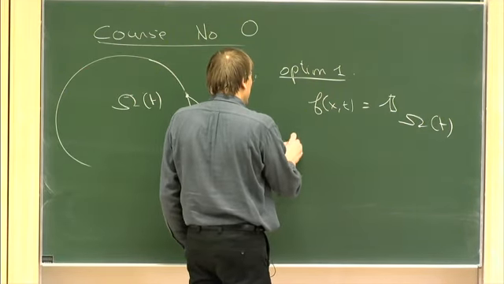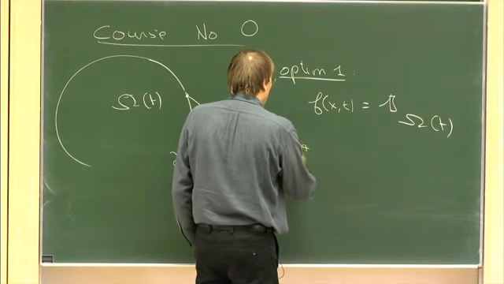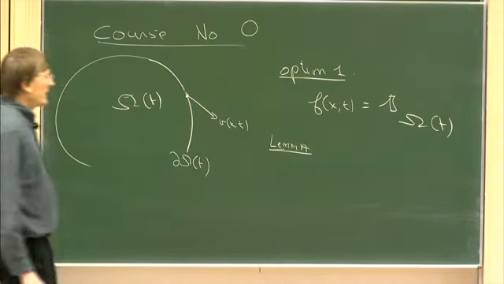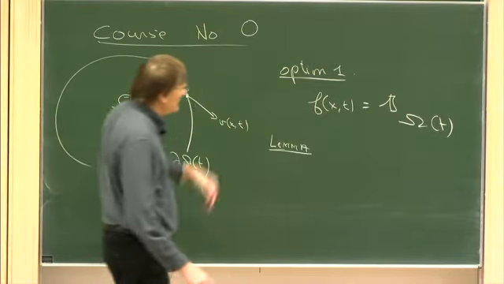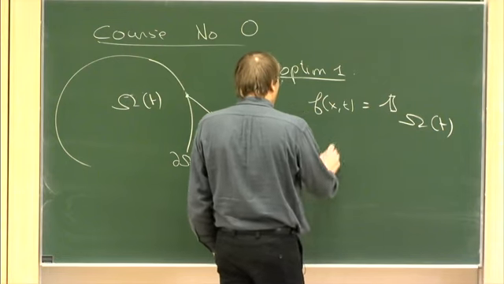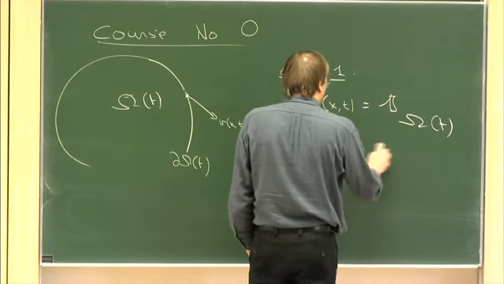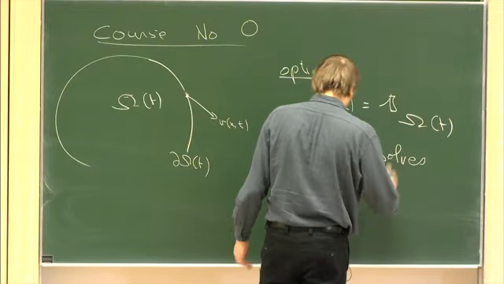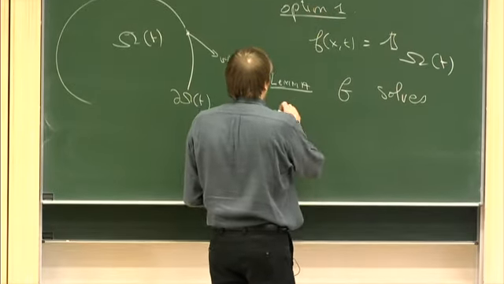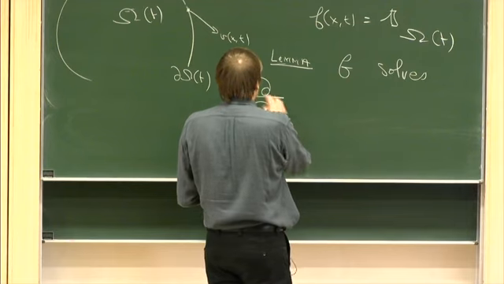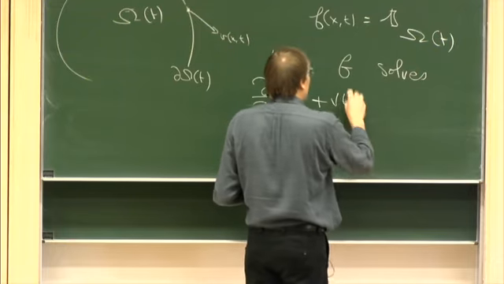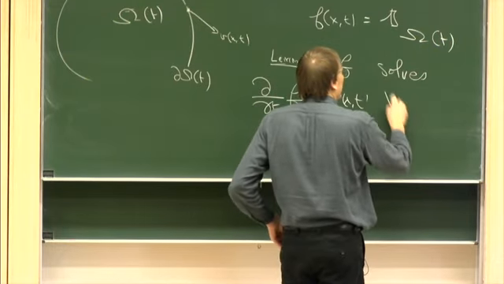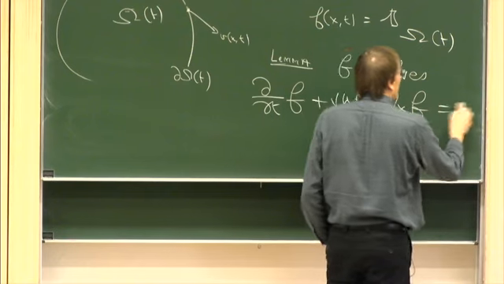It's quite easy to check that the formulation of this geometrical problem in this setting will be to write that f solves a transport equation, which is d over dt of f plus v of x, t dot grad x of f equals 0.